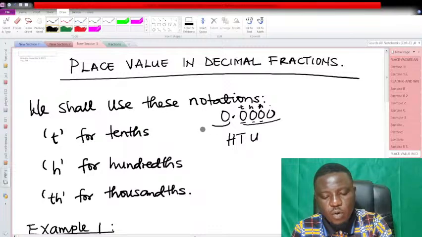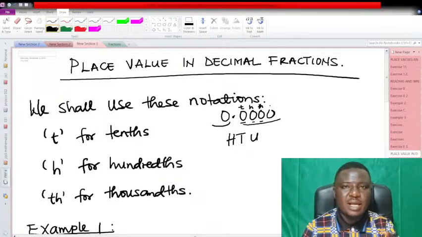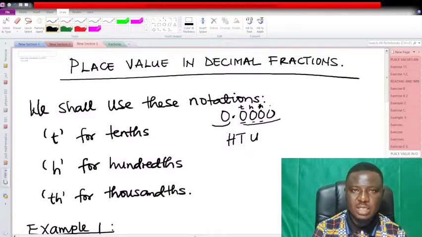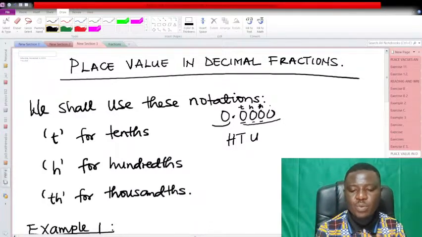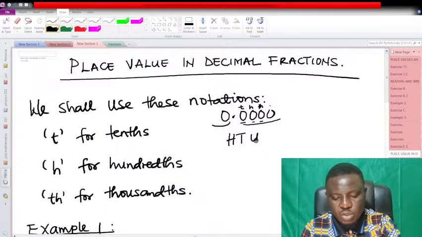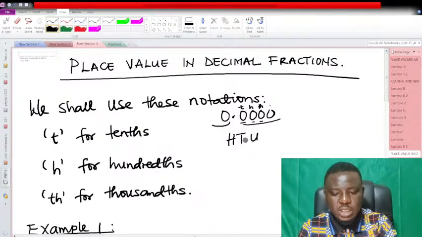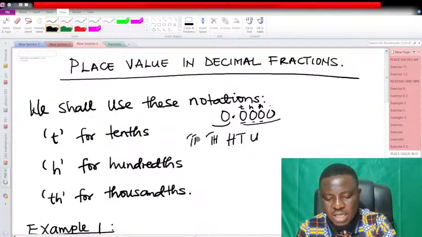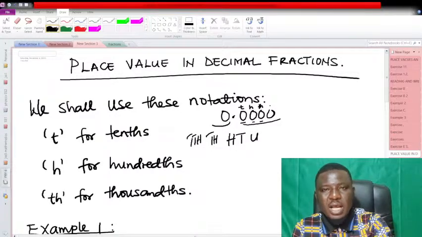For the whole number part, they are abbreviated using capital letters, while for the fractional part, we made use of small letters. And that's why you have the unit, after the unit grows into tens, tens grow into hundreds, hundreds grow into thousands, thousands grow into ten thousands, and so on.